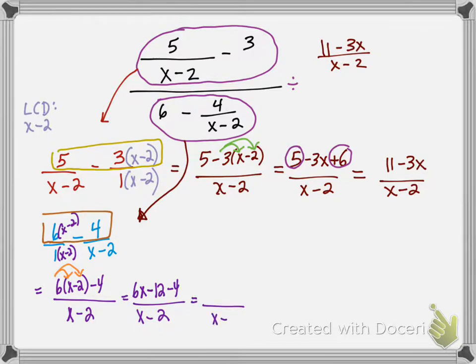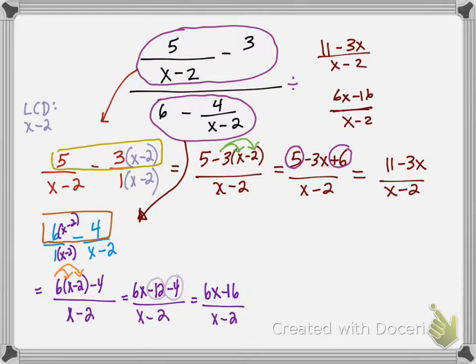So I can combine my like terms in the numerator again. I have negative 12 minus 4 more, which is negative 16. So my numerator is 6x minus 16. All right, so let's rewrite that up here. So I have 6x minus 16 all over x minus 2.